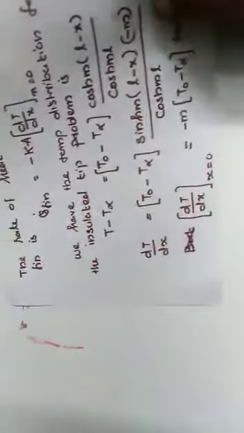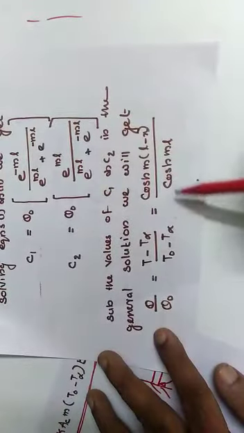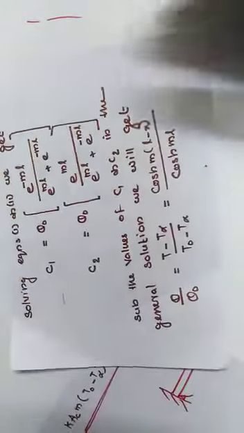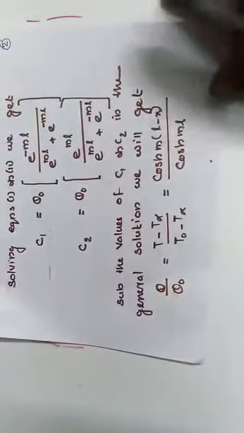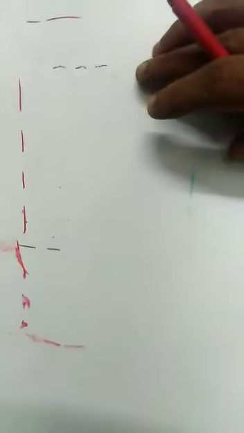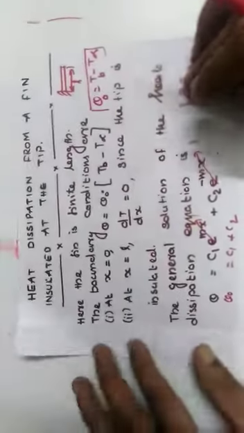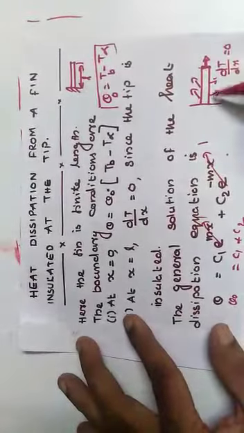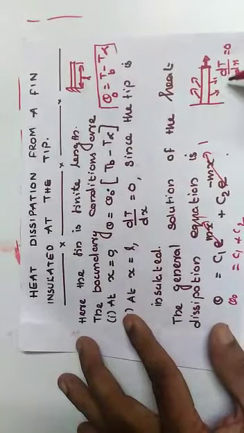This expression and the temperature distribution equation are available in the data book. So for solving the problem, you just find this equation from the data book and solve it. That's all. But the boundary conditions you should be very clear about. The boundary condition at x equal to L is dT by dx equal to 0.